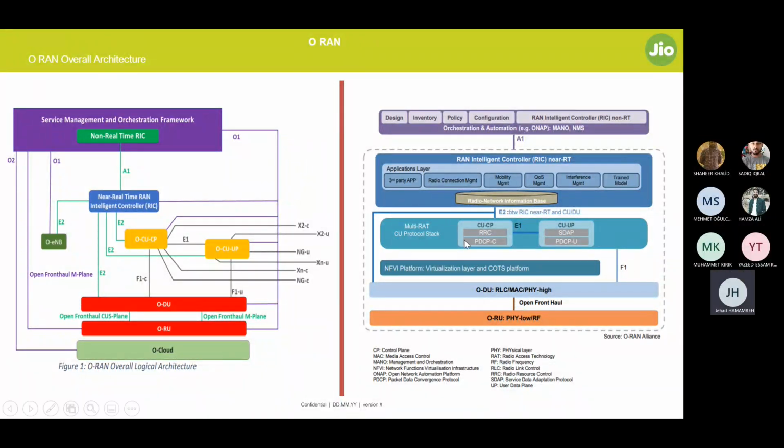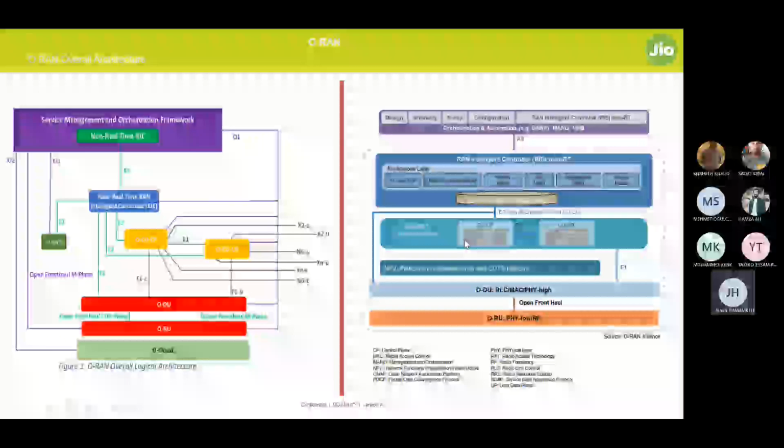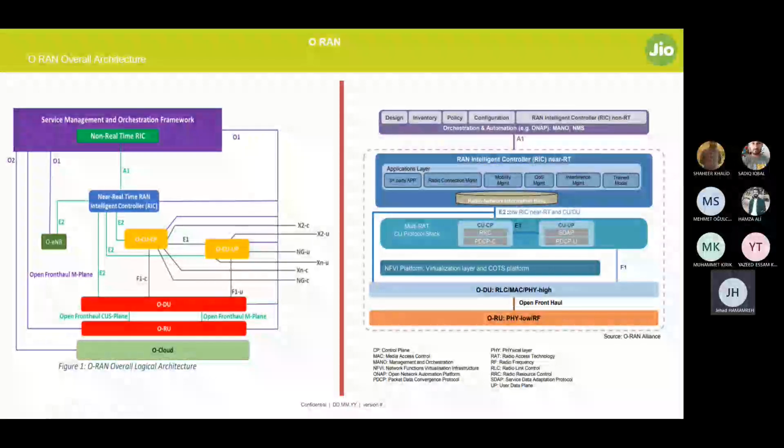So now this whole baseband unit is connected with the central unit for control plane. CU-CP means central unit for control plane, and CU-UP means central unit for user plane.